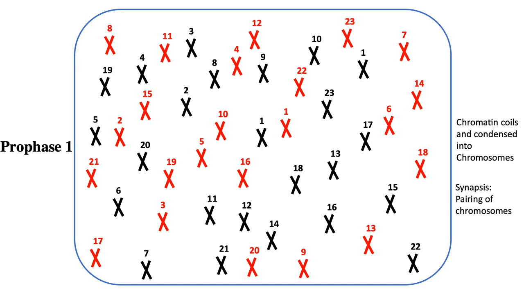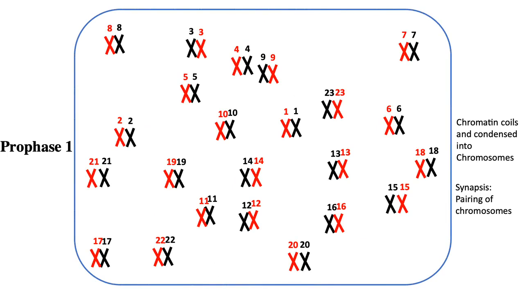And during the process of synapsis, these homologous chromosomes will pair with one another. So notice what's happening. Here the two chromosome 7s are drawn next to each other. The two chromosome 5s are also grouped next to each other.